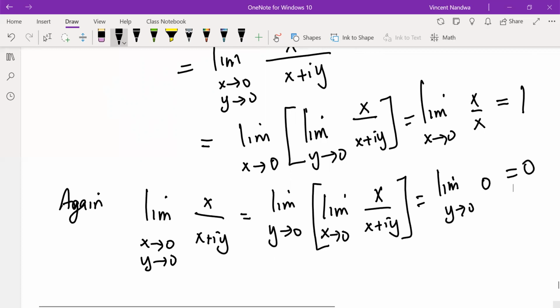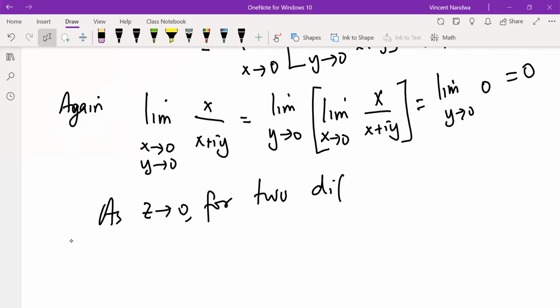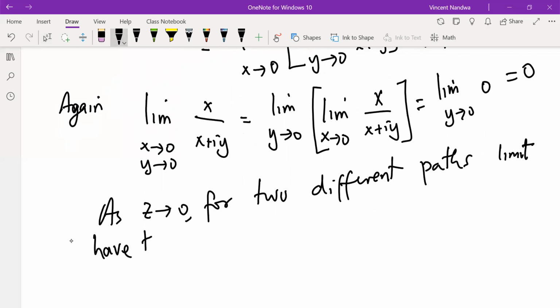Now, you see, this shows that as z approaches 0 along two different paths, the limits have two different values. And immediately we have different values for the same function.